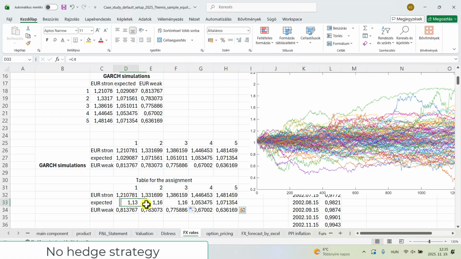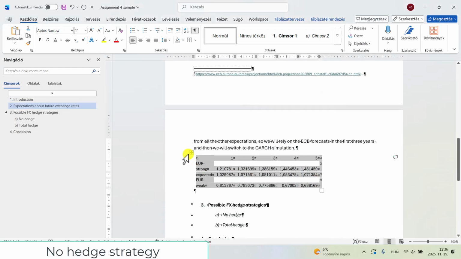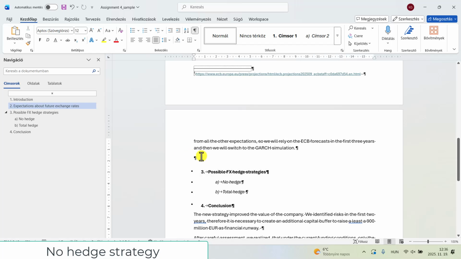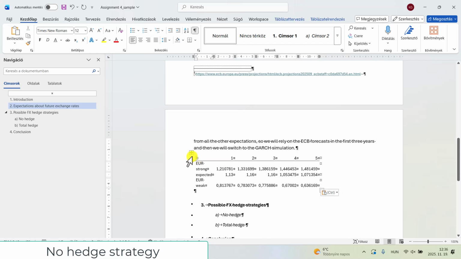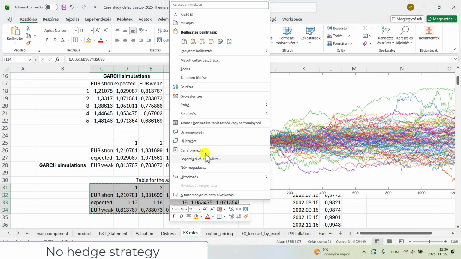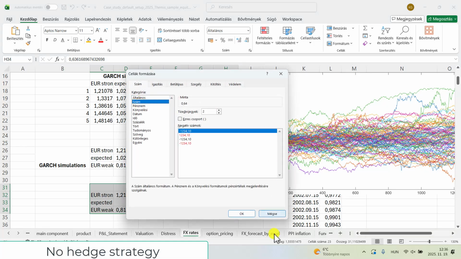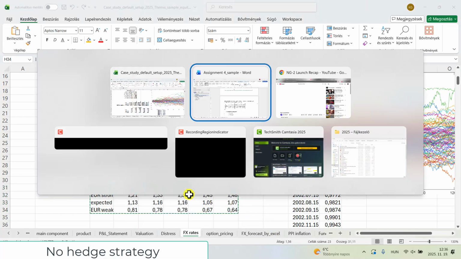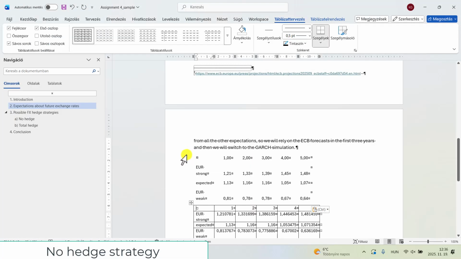So for me, it doesn't matter what is happening with the expected things, only these two ones. So, okay, I was lucky, then keep it that way. Let's make a nice thing. How does it look like? Come on, it should be numbers with 2 digits, all of them.